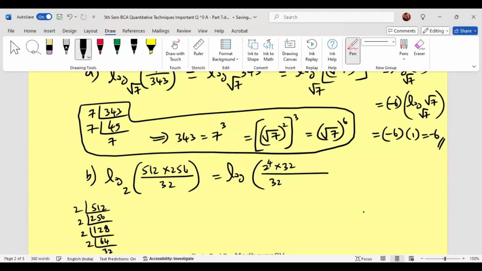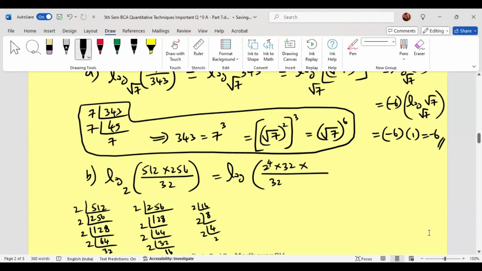Now we do the 256 factorization: 128, 64, 32, 16, then 8, 4, 2. So 256 can be written as 2 power 8, counting 1, 2, 3, 4, 5, 6, 7, 8. Now this 32 and 32 get cancelled.